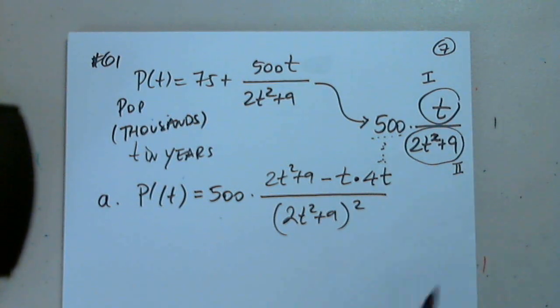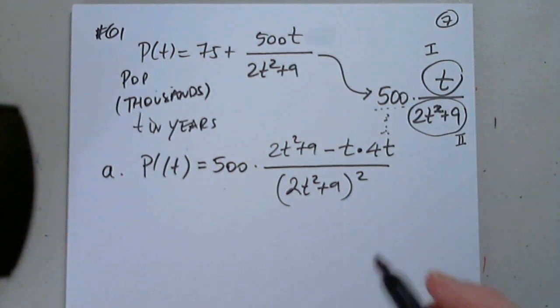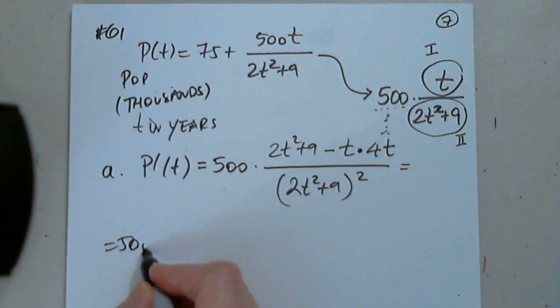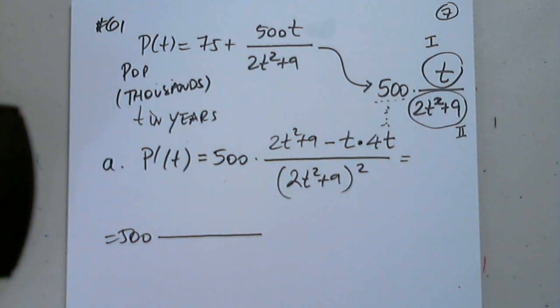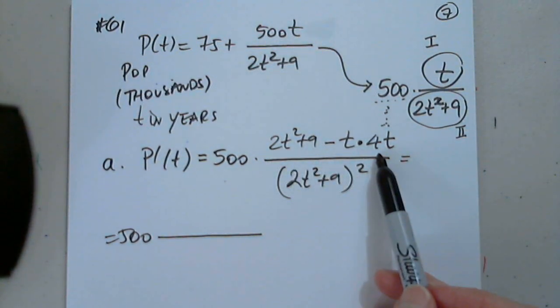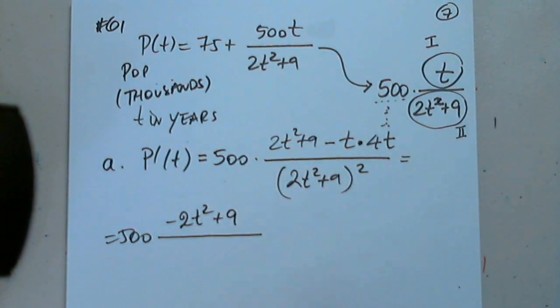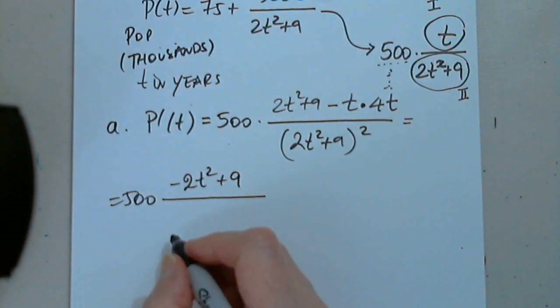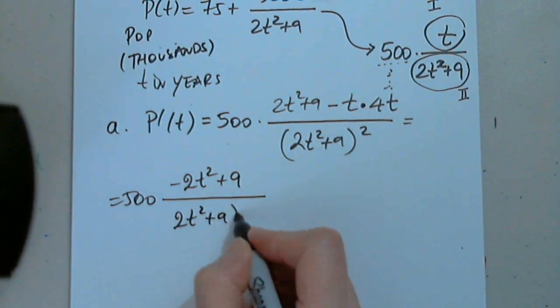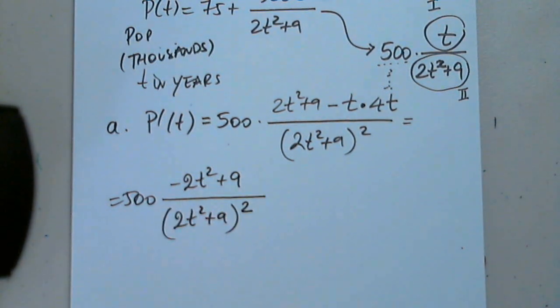Excellent. Great job. Perfect. So now I have 500 stays out there waiting. 2t squared minus 4t squared, negative 2t squared plus 9, over 2t squared plus 9. These are not the same. You cannot simplify them.